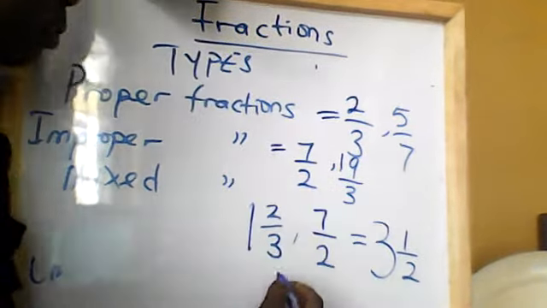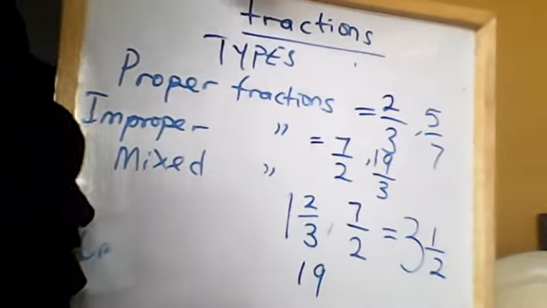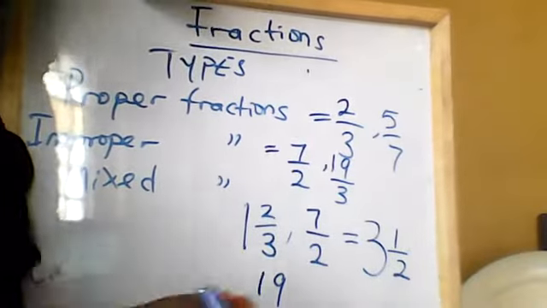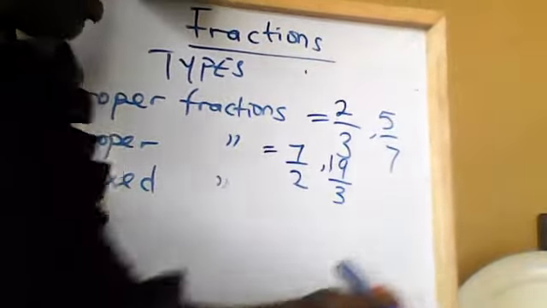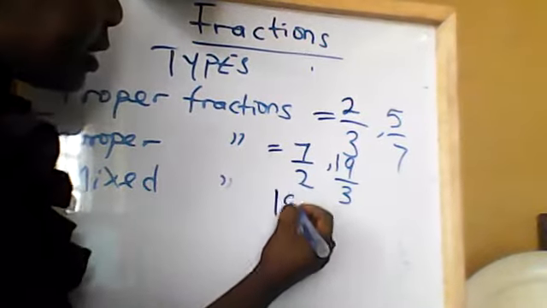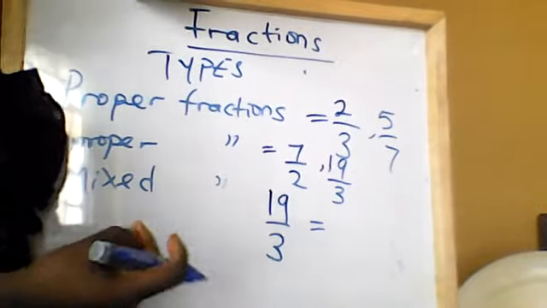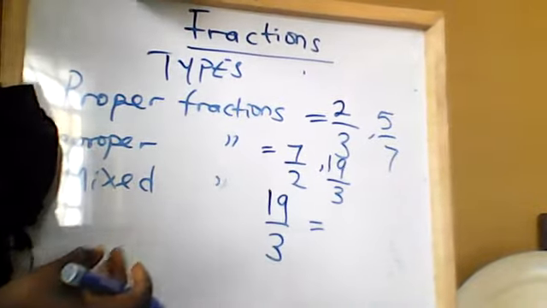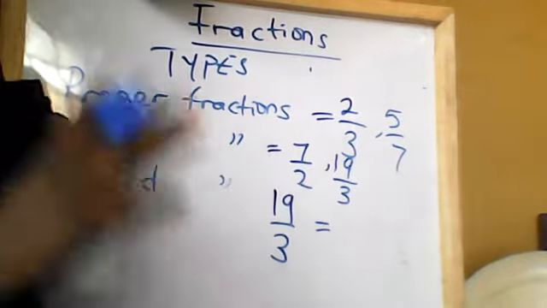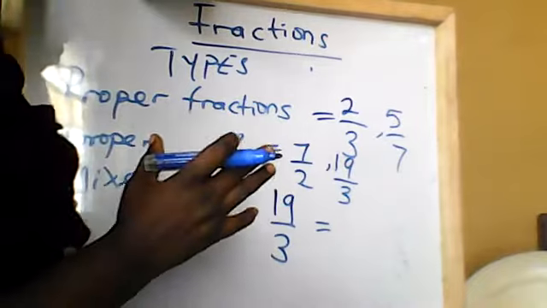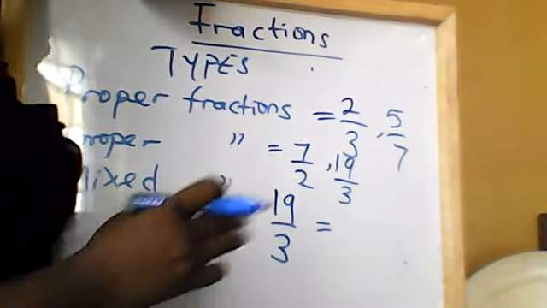The second example there, 19 over 3. Let's do that again. 19 divided by 3. How many 3's can we find in 19? We can find 6 3's in 19.